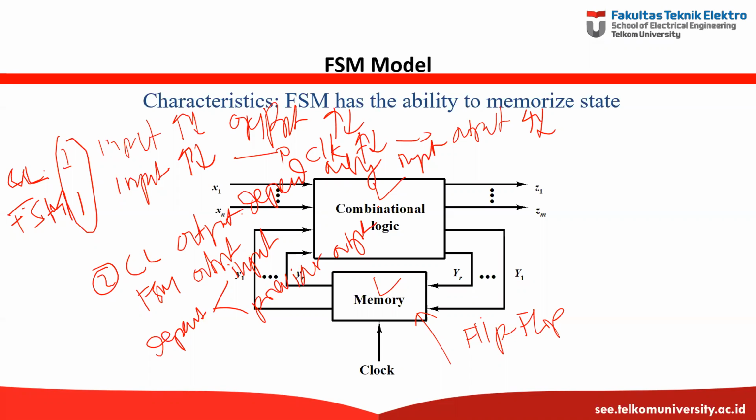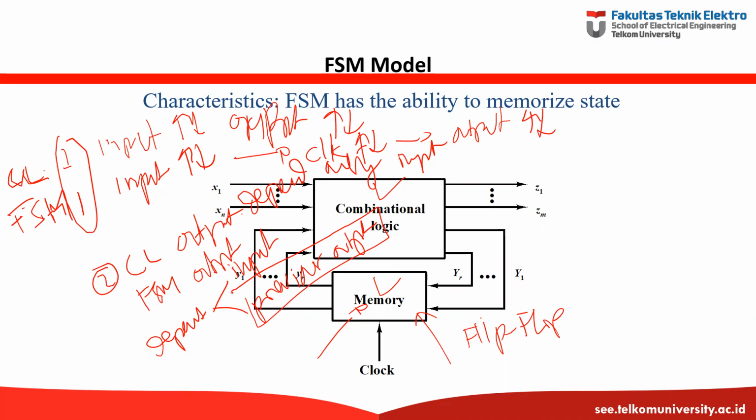That's why we need something we call memory to memorize the value of the previous output. Okay, so those are the two differences between combinational logic and the FSM. The first is based on the changing of the input. In combinational logic, if we change the input, the output will change. But in FSM, if we change the input, we need to activate the clock to make the output change.